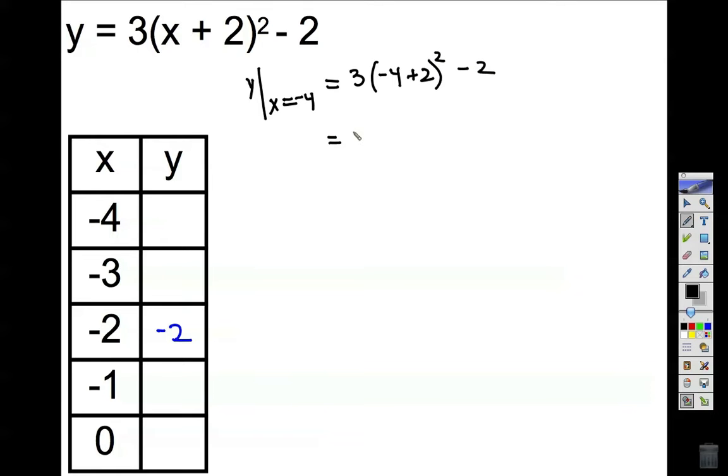Again, do everything inside the parentheses first. Apply the exponent first before you multiply with the 3. 3 times 4, that's 12, minus 2, that is 10. So when x is negative 4, y is equal to positive 10.